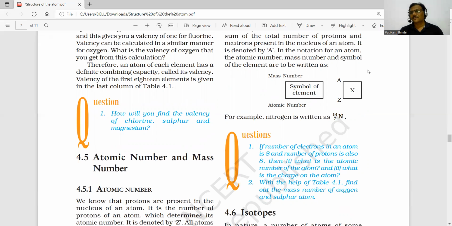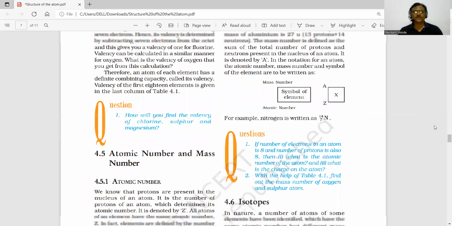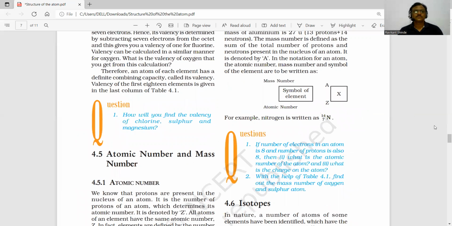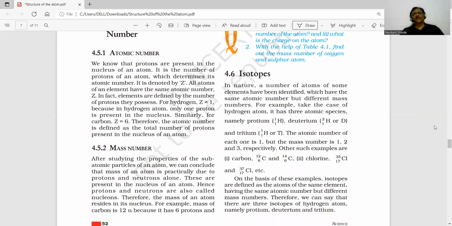It's very important: atomic number and mass number. See, what do you mean by atomic number? The number of protons or electrons present in the atom. If you are talking about protons, they are present in the nucleus.